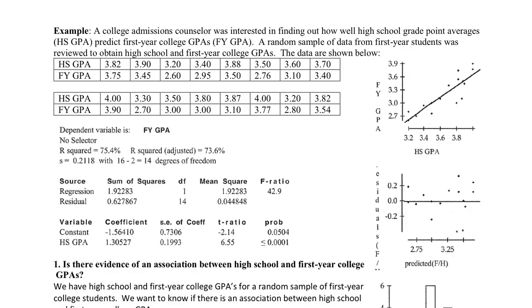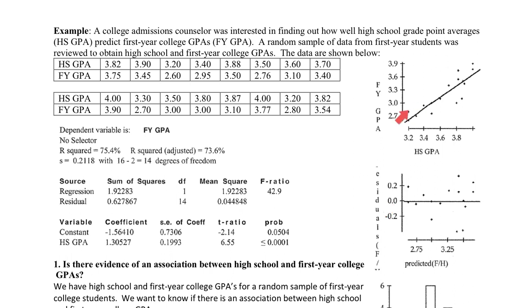So let's look at a problem like this and just realize most of this information is going to be given to you. They may actually give you the raw numbers, they may not. They did give the raw numbers here, but they've already given us the scatter plot with the regression line included. They've given us the residual plot.